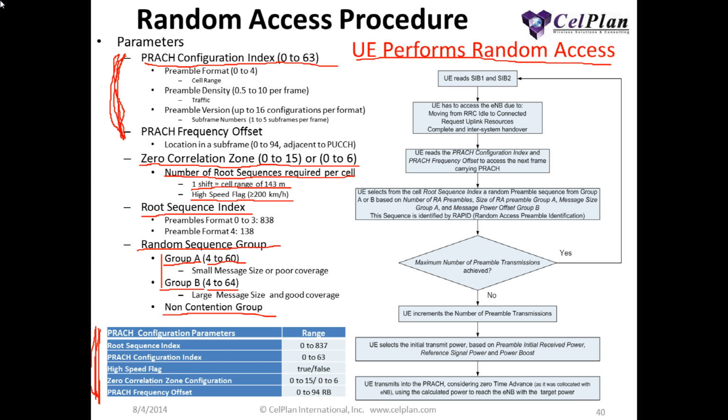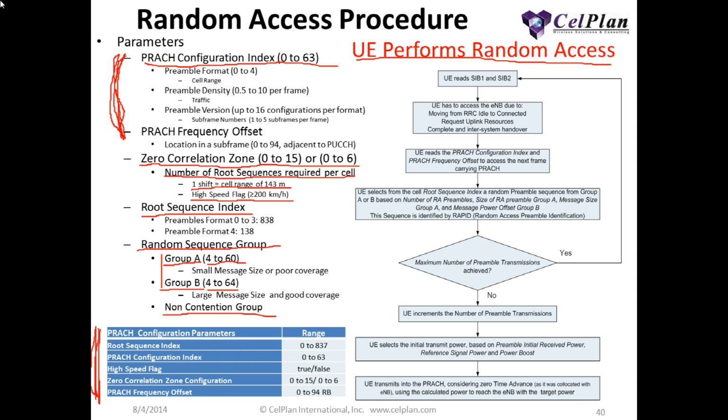Consequently, the communication is more efficient. Although it is possible for the designer to decide not to have the non-contention group. It always needs to have Group A and Group B.